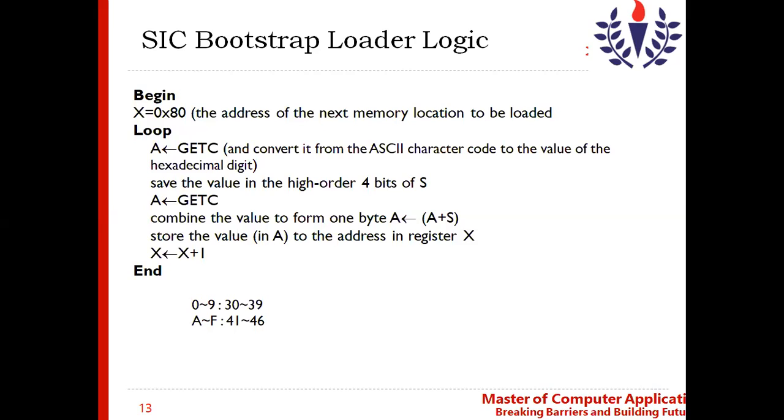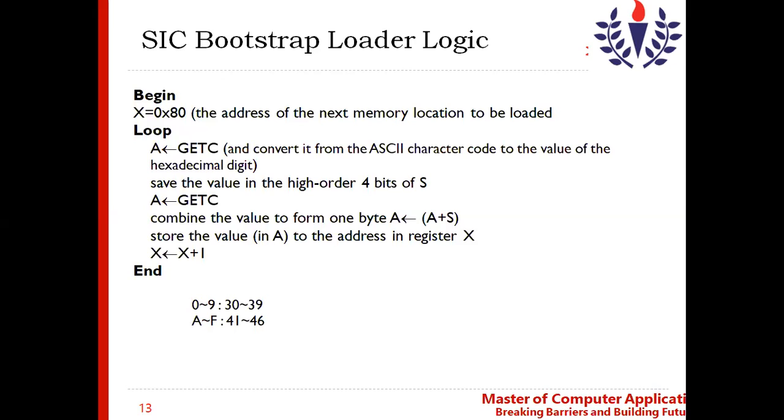The purpose of the getC subroutine is that whenever you want to read a character, that means read the object code from the object program, and convert the character format into the internal representation, or hexadecimal digit, we use getC for the conversion and also to read the character. I will explain getC after the end of this algorithm.